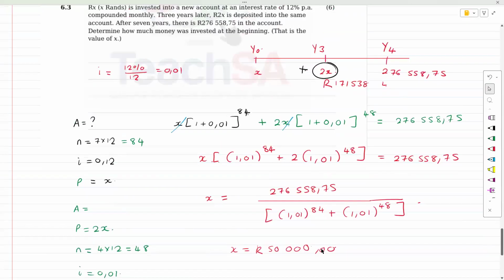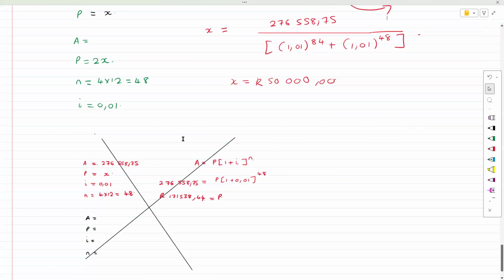But then I came back here and I did this. I tried to simplify. It gave me really bad answers, so I didn't simplify. I left it as is. I took out x as a common factor on both sides, and I just took this entire bracket over. It was too much of a hassle to simplify. So I got 50,000. Genuinely, I think that is the answer. I'm sure of it. So it should be good.